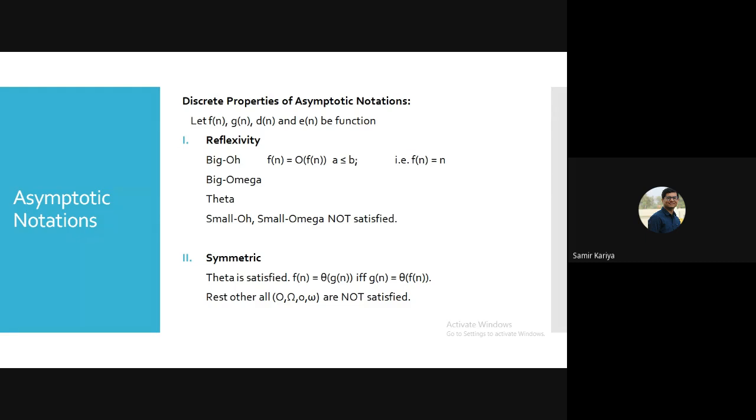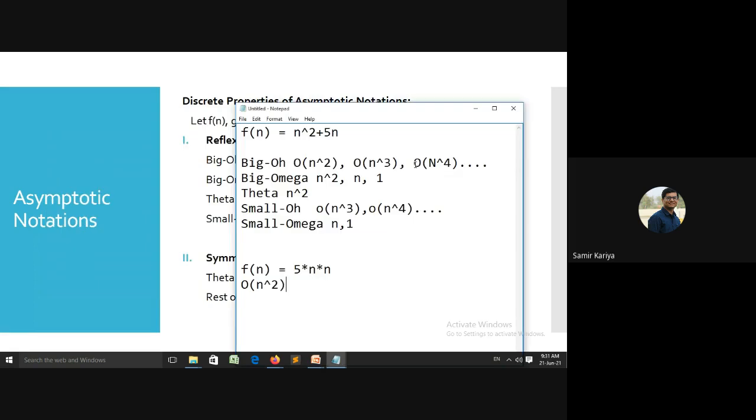Reflexive property, that's a big O. That means if f of n is order of f of n, then you can write reverse also, that's a reflexive. For example, a similar function. See, just simply reflexive, observe these first three.